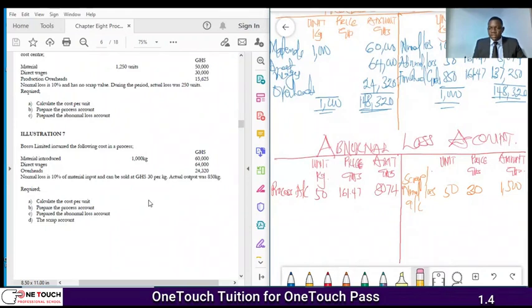So we can realize 1,500 from the abnormal loss.